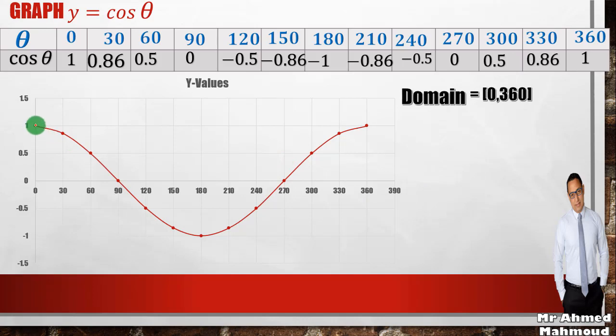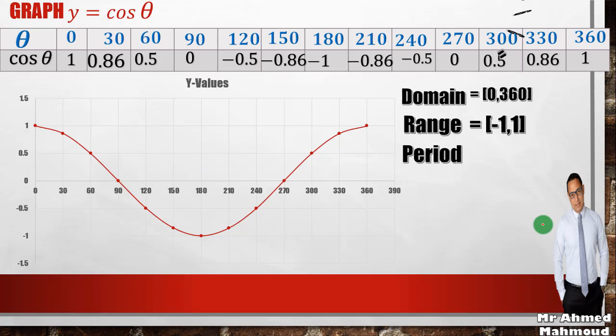The range, the minimum value is negative 1 and the maximum value is 1 according to the number here in this position. So the range is from negative 1 to 1, and it makes a whole period after 360 degrees or 2 pi in radians. Okay, this is the shape or the curve of the cosine function.